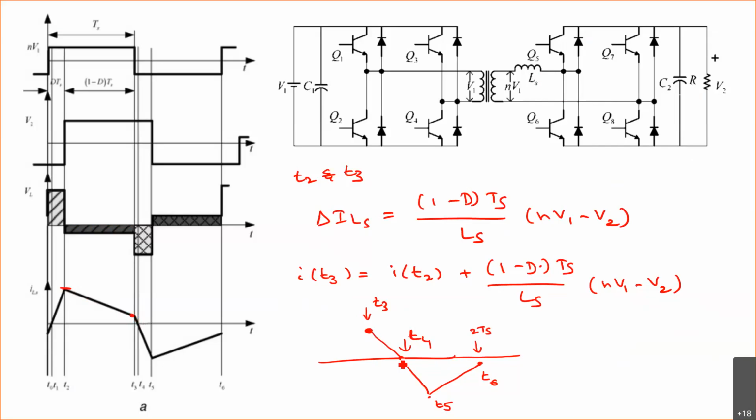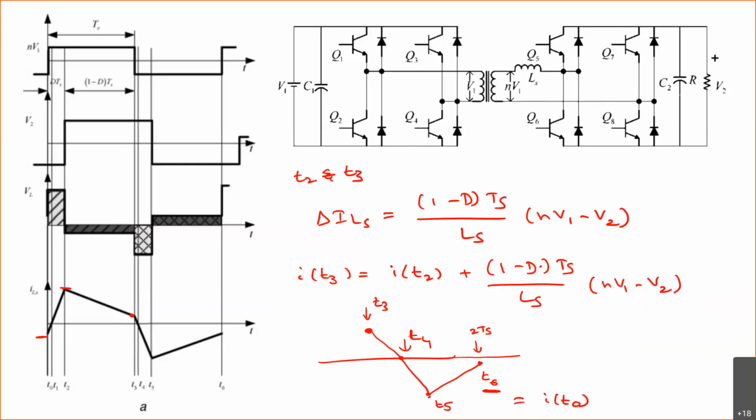Now it touches 0 at T4, and from T4 to T5 it reaches its negative peak, and at T6 it comes back again. This T6 value and this T0 value are both the same, so this is also equal to I of T0, and the T4 value is 0. Agree? This is correct, right?